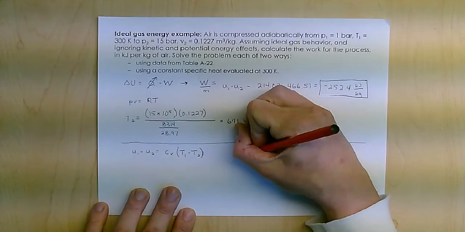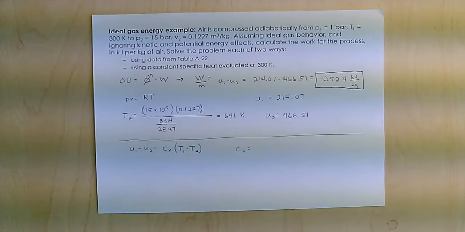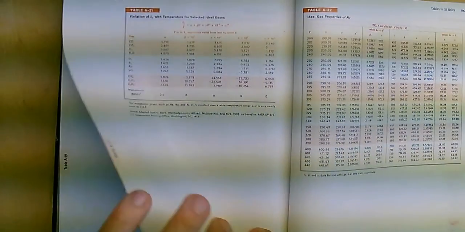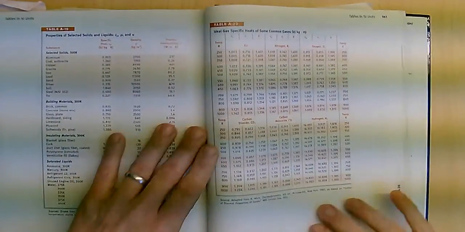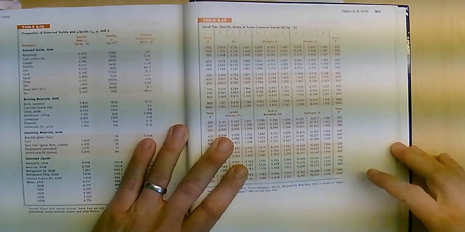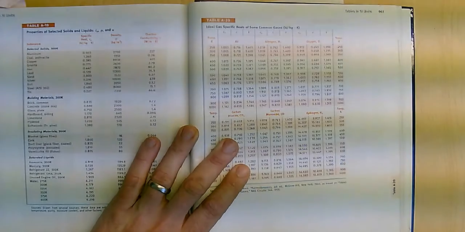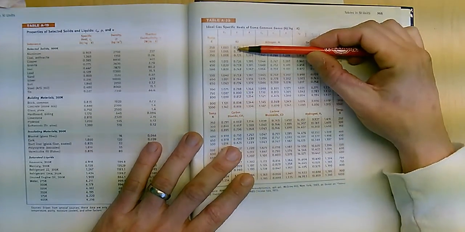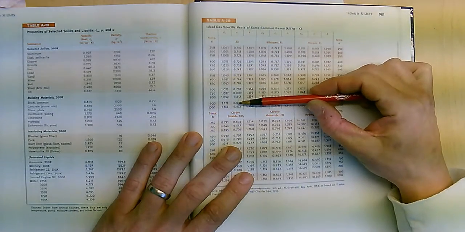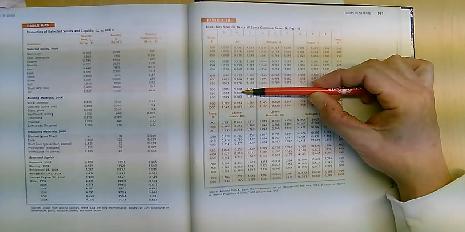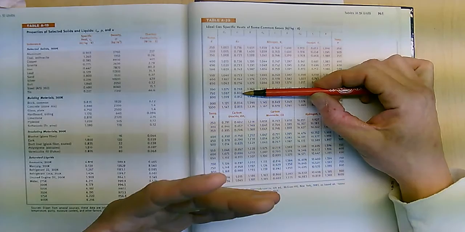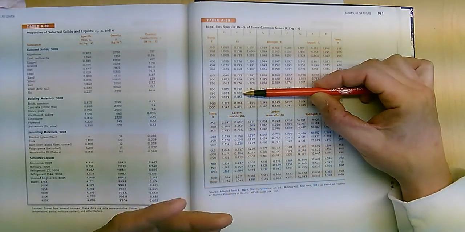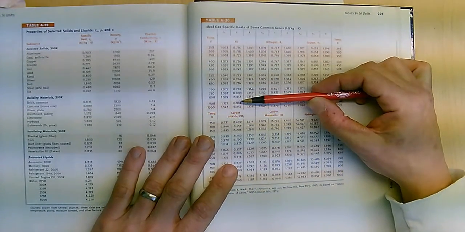There's a table here, A20, which gives me the specific heats for some constant gases. For air, CV is right here, and you can see as my temperature increases, my CV also increases. So this assumption that the specific heat is constant is not a good assumption. It changes as a function of temperature.